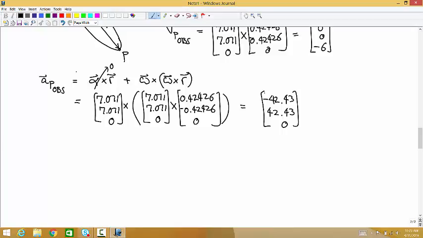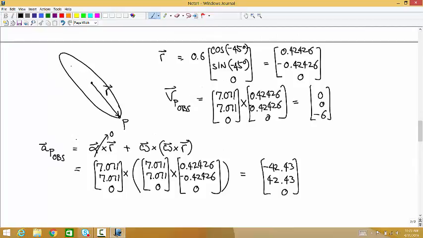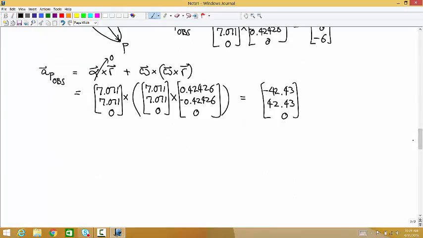That's a centripetal acceleration. In this case, since there's no angular acceleration, all that's left is that centripetal acceleration. So you know it has to point from P towards the center.